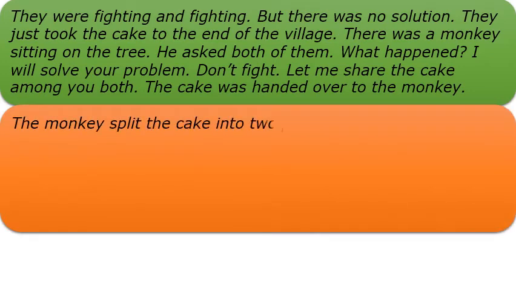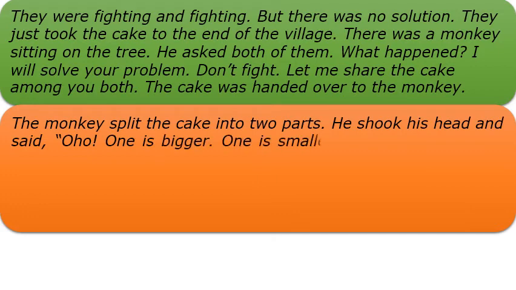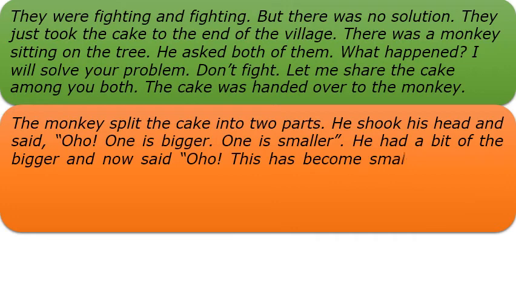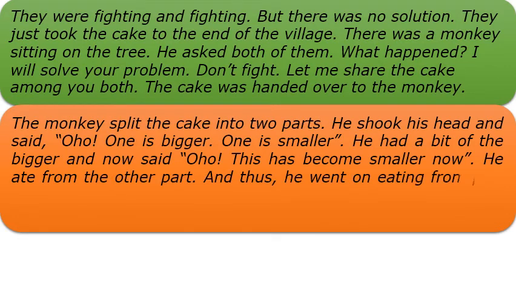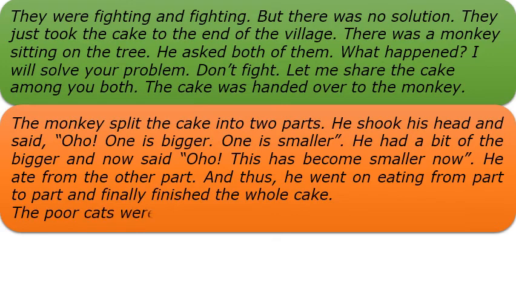The monkey split the cake into two parts. He shook his hand and said, "Oh, one is bigger, one is smaller." He had a bite of the bigger and now said, "Oh, this has become smaller now." He ate from the other part, and thus he went on eating from part to part, and finally finished the whole cake.